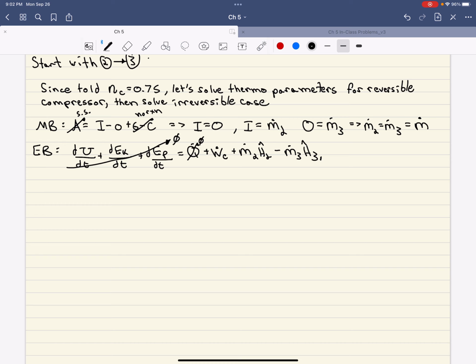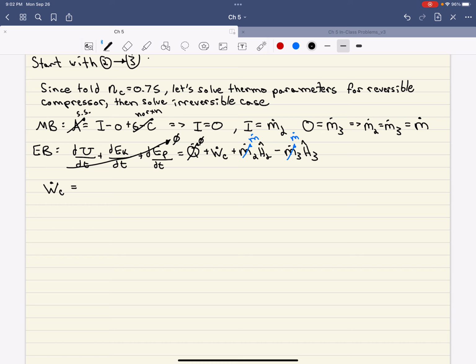And so here, remember, right now we're trying to solve for the reversible case. Or actually, to explain this better, what we're left with right now is the compressor work, and remember these mass flow rates are equal.